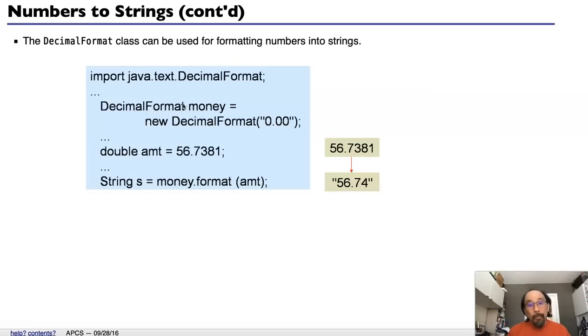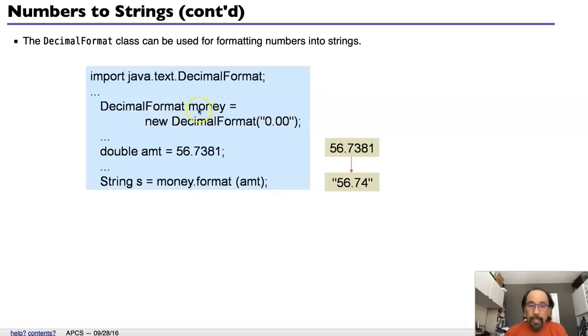Okay, more formatting. Now, there's a lot more detail to be read and looked up on this, but just at a very high level, there is a class, a library, DecimalFormat. We can use this to format a number in a very flexible way. I could have it have a dollar sign in front. I could have it have some commas, every 3 digits, for thousands and millions. So I could have a very flexible format defined right here.